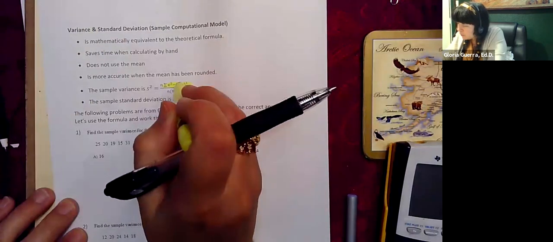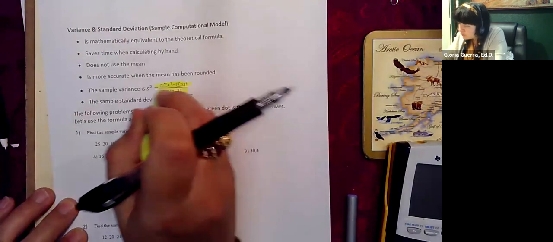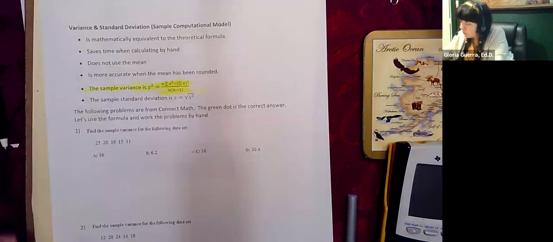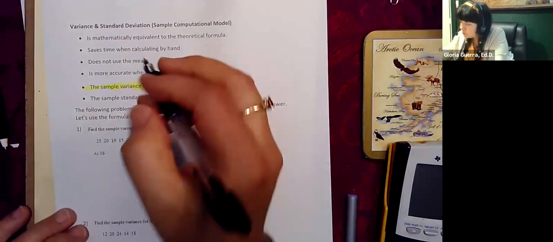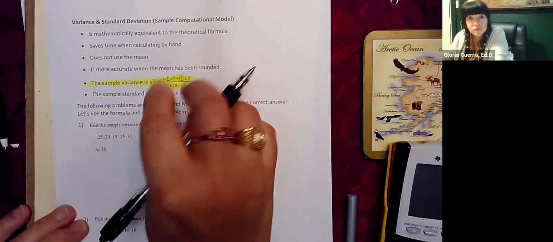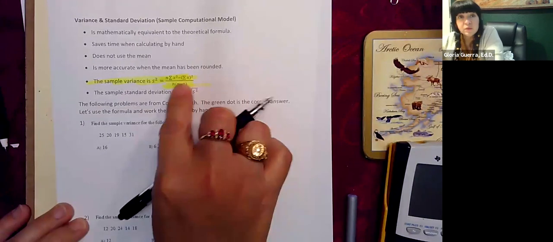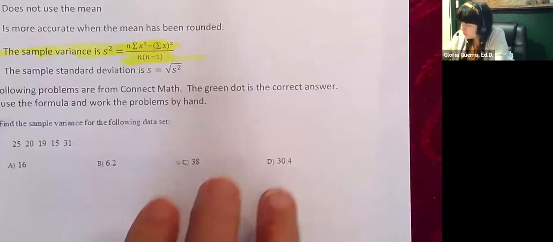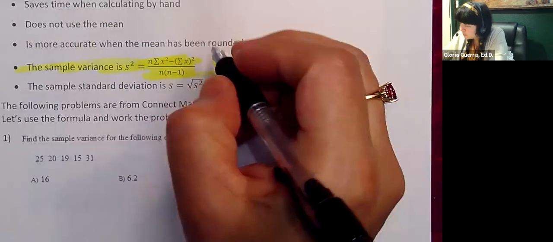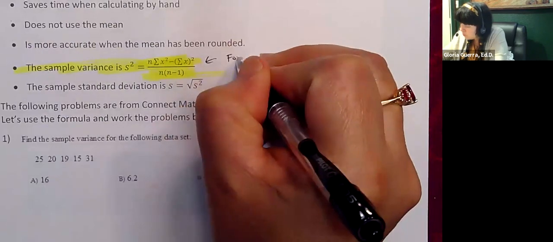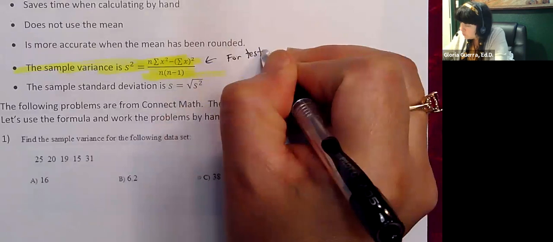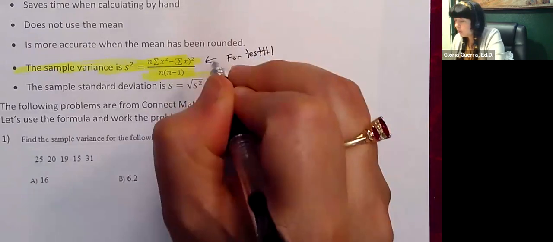This one right here. We're going to demonstrate this on our tests. The sample variance is S squared, and this formula here. So you do need that for test purposes. For test number 1, you do need that formula.